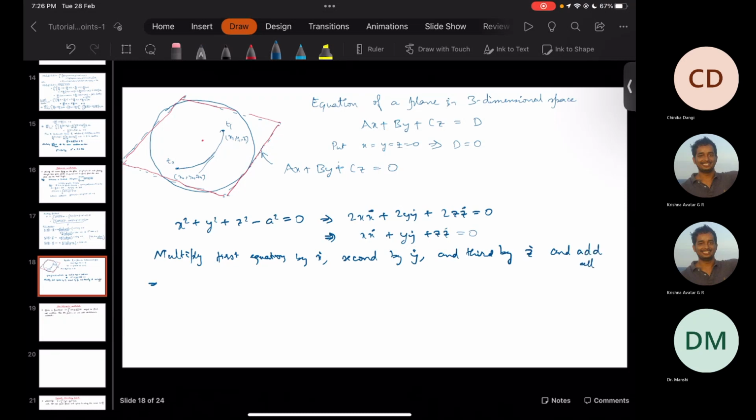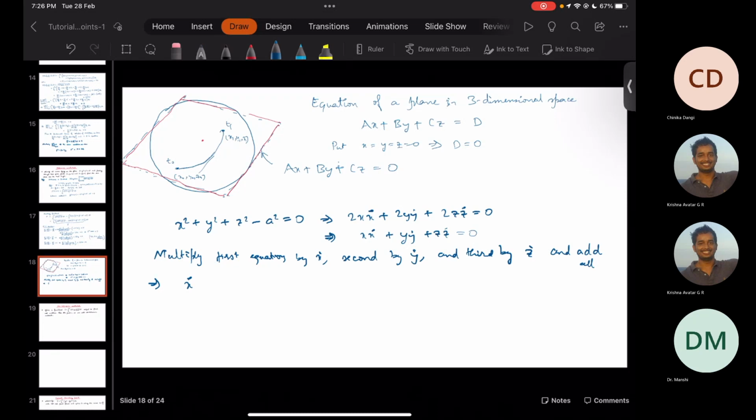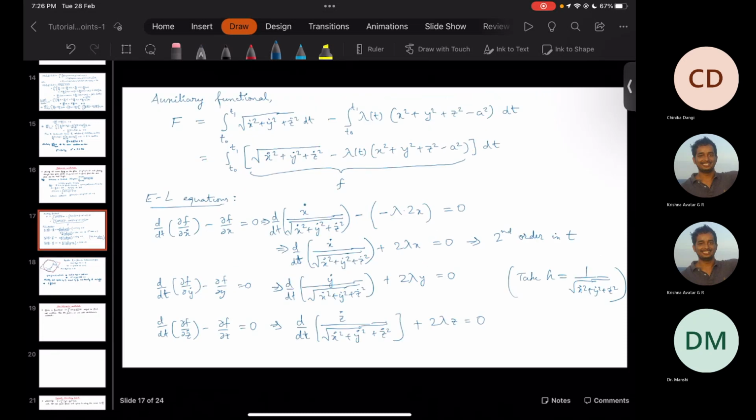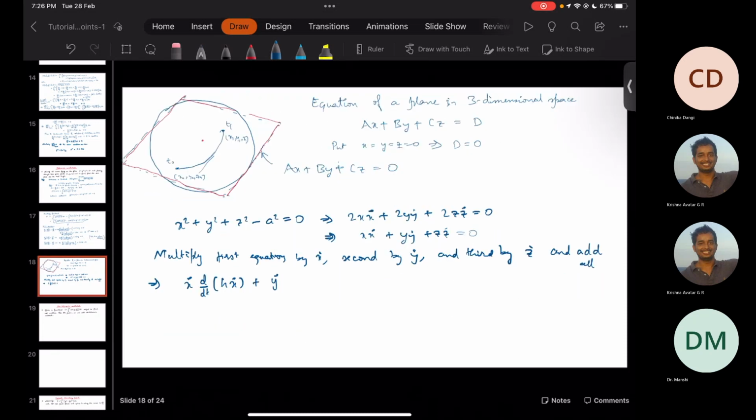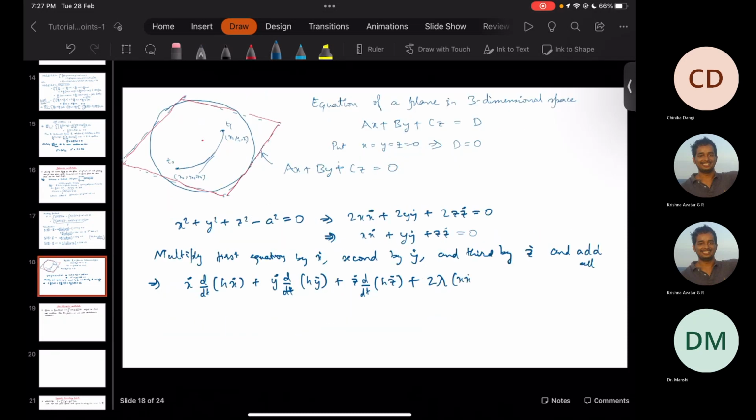So then this gives us x dot of d by dt of h x dot, plus y dot of d by dt of h y dot, plus z dot of d by dt of h z dot, is equal to 0, plus 2 into lambda, and then lambda into x x dot plus y y dot plus z z dot is equal to 0.